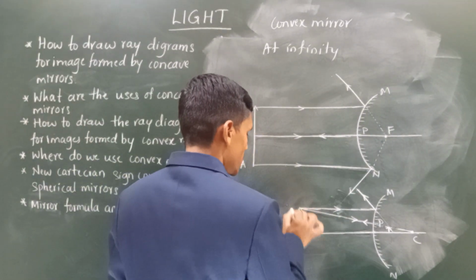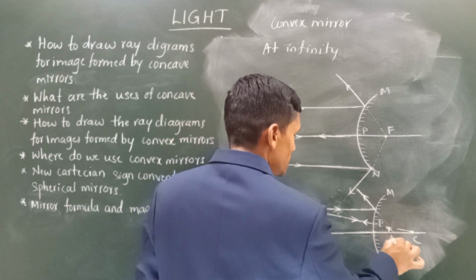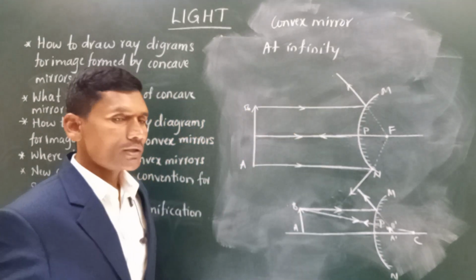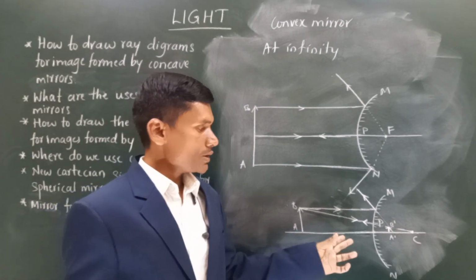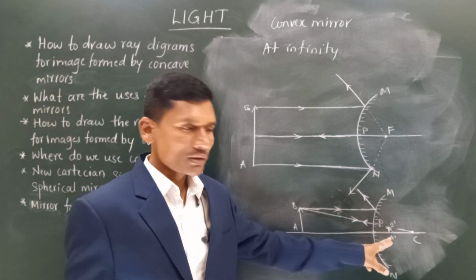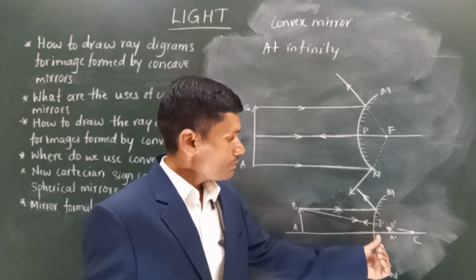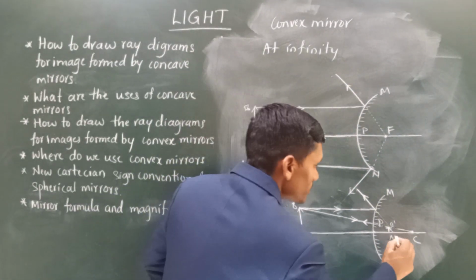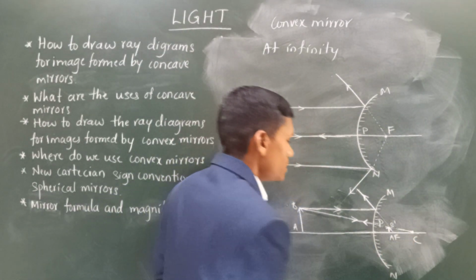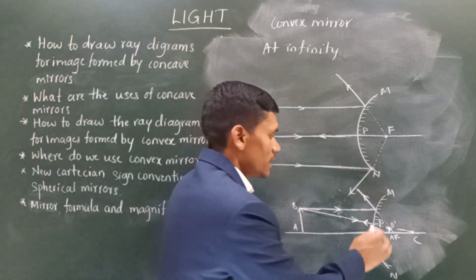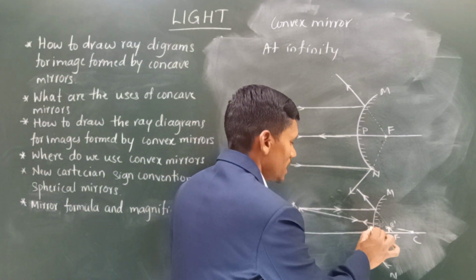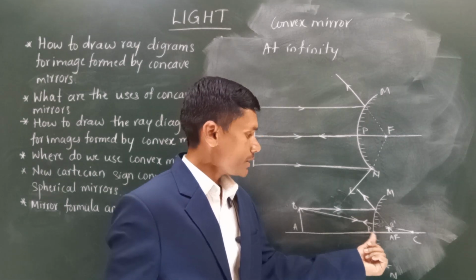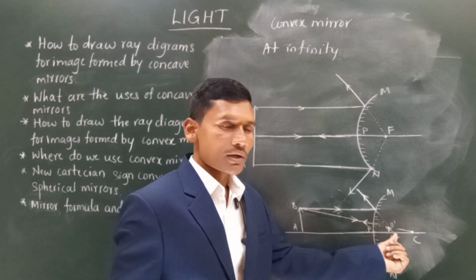If this is A, B, this is A dash, B dash, right? Where is the image formed? Image is formed behind the mirror, that is between P and F. This is the pole of the mirror, this is the principal focus.